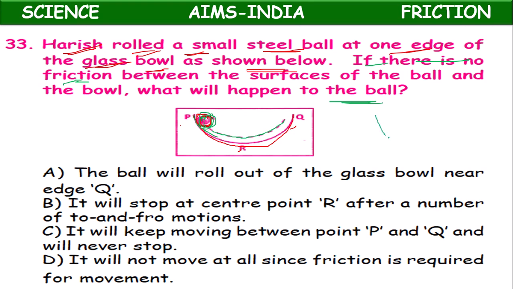The distance the ball rolls will be decreasing. Finally, it will stop at Q. It happens because of friction. But if there is no friction, it will be continuously moving between P and Q without coming to rest.